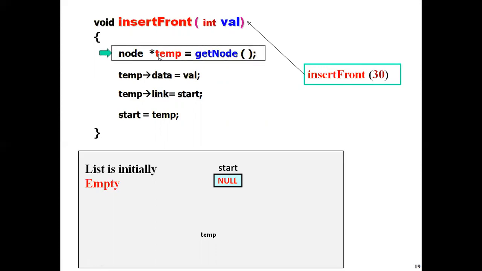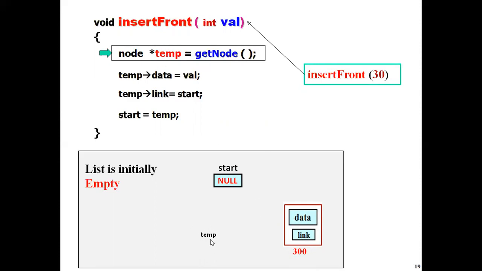So this is the first line of the function. It says node start temp equal to get node. So already you know what get node is. Get node will construct a new node somewhere in the heap. So assume the new node is created at some address, 300. Get node creates the node at some address, and that address is returned to temp. So temp will hold that address.